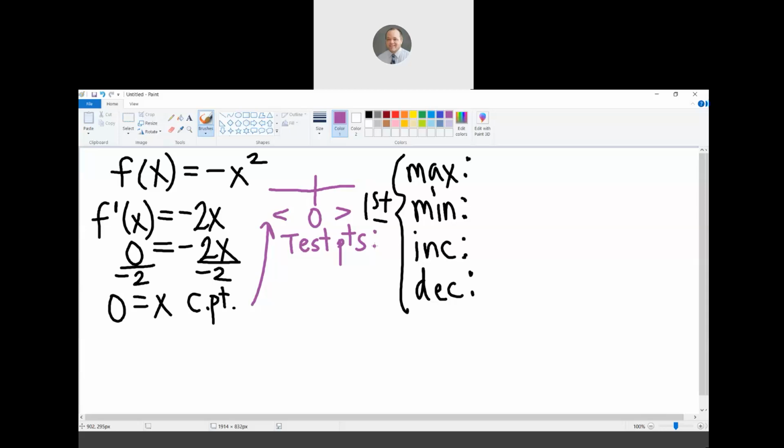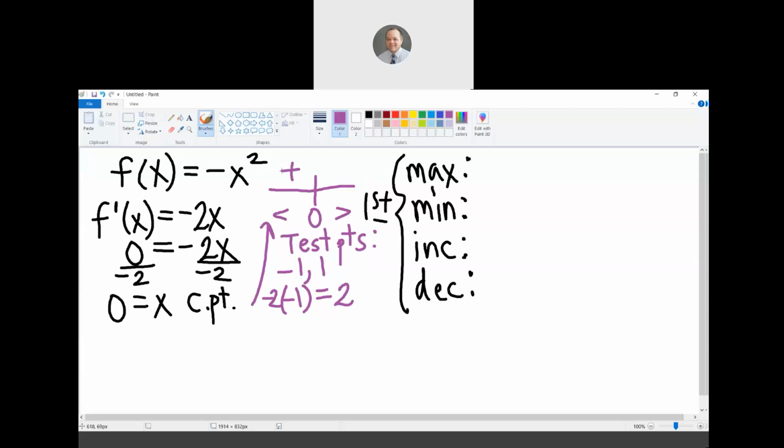Something less than 0, let's try -1. And something greater than 0, let's try +1. Now we're plugging these into our first derivative. So when we plug in -1 for x, we get a +2 or plus sign.